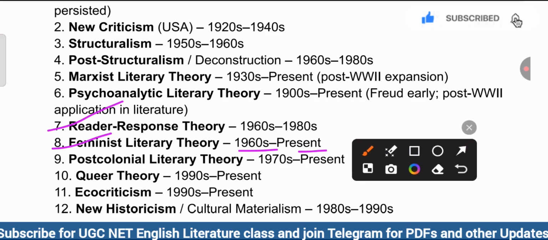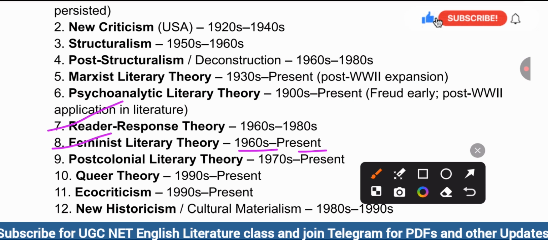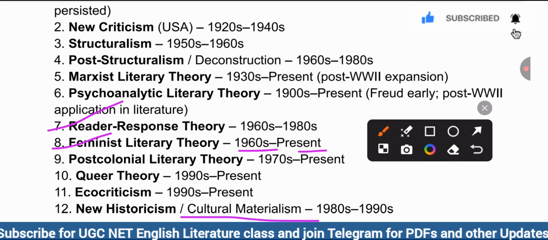Post-colonial literary theory: you can remember Edward Said, Homi K. Bhabha, Gayatri Chakravorty Spivak. Then queer theory: Eve Kosofsky Sedgwick. Eco-criticism: Lawrence Buell. And New Historicism, also known as cultural materialism: Stephen Greenblatt, Raymond Williams. They were the key figures of these literary theories in the post-World War II period.